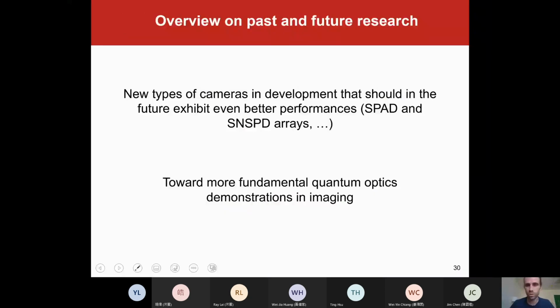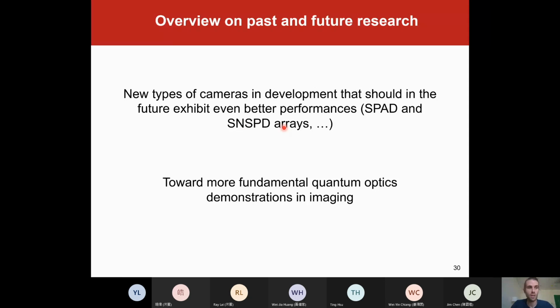Just to conclude very quickly, I've talked about mainly two types of cameras throughout this talk. I am hopeful that at NCKU I'm going to be able to use potentially better types of cameras that are in development: SPAD arrays and also SNSPD arrays.